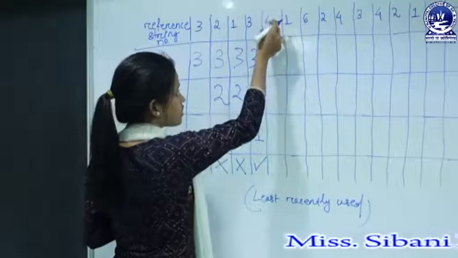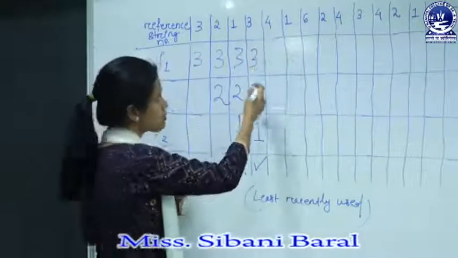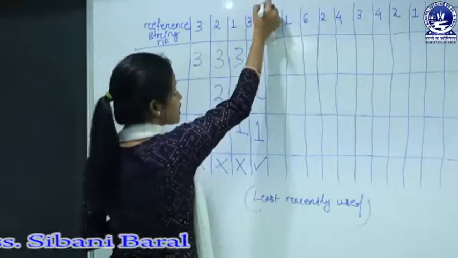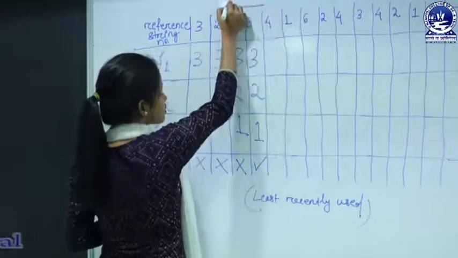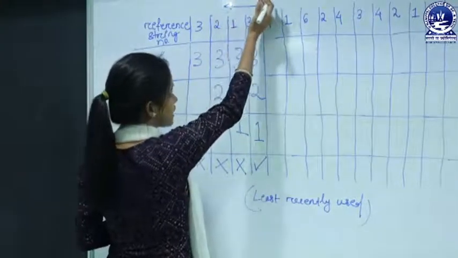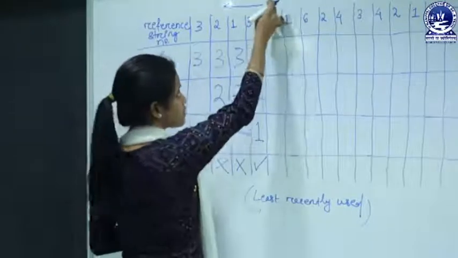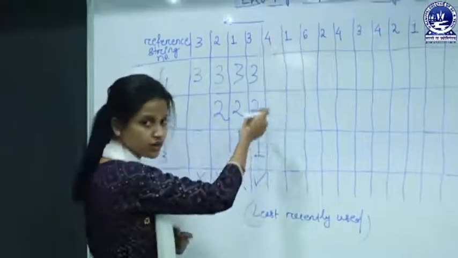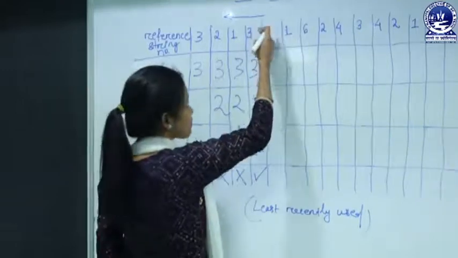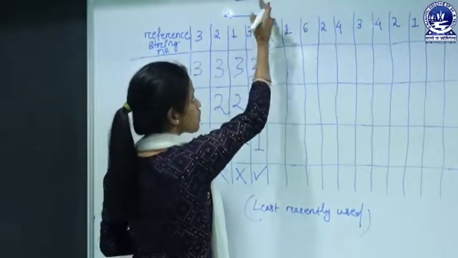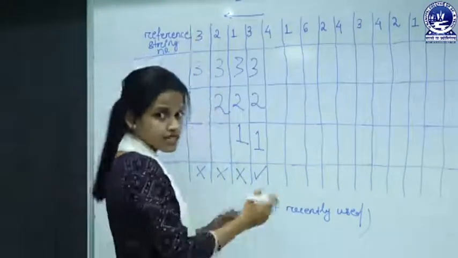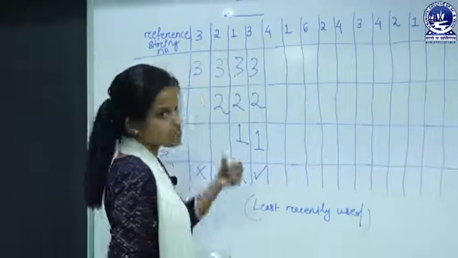Since 4 is to be swapped into the main memory, we traverse from 4 from right to left and see which number is least recently used.